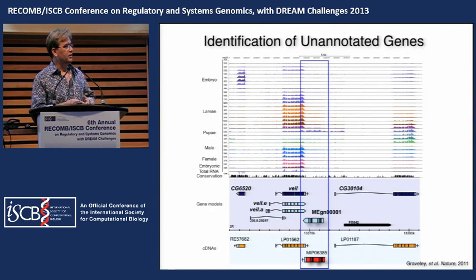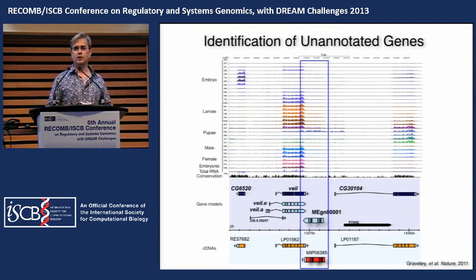And this track down here is conservation, so what you can see is this gene is actually completely non-conserved. So any program that used conservation to predict genes would completely miss that. And this is generally true of the new genes we identified. They're usually restricted in a temporal or tissue-specific manner, and they're usually not highly conserved.